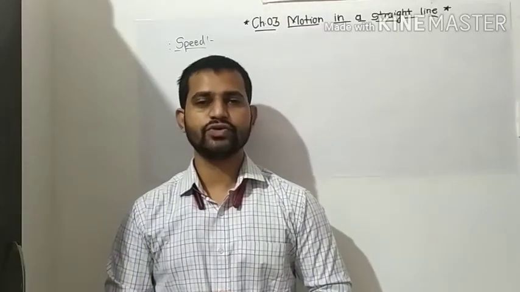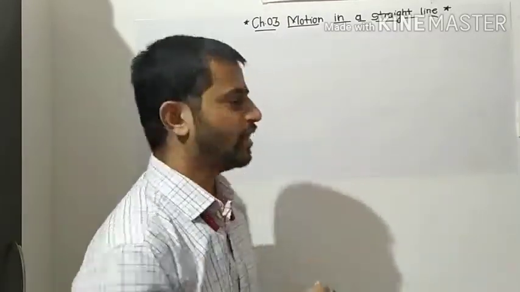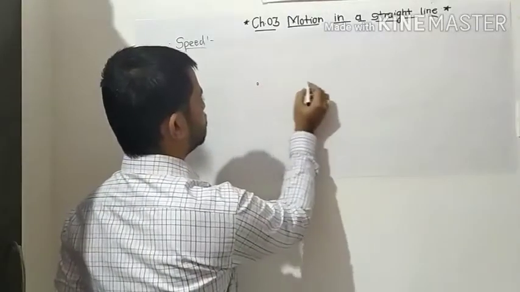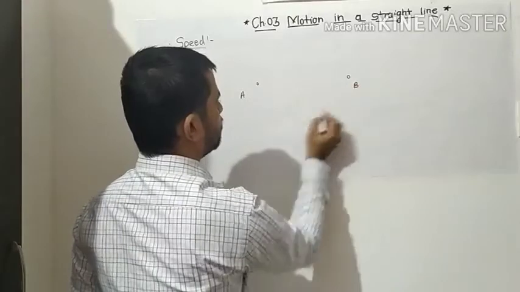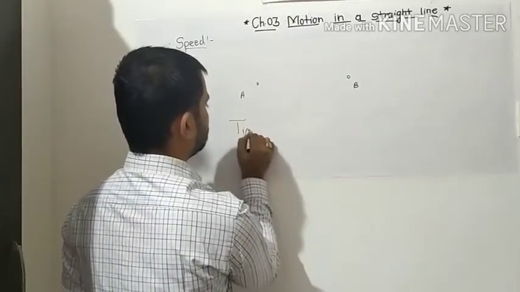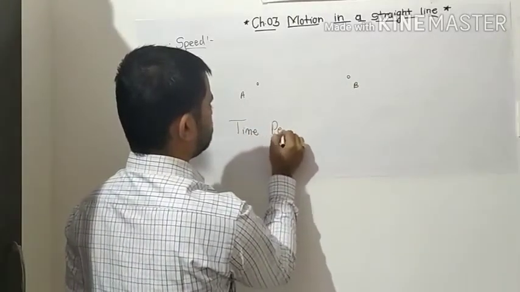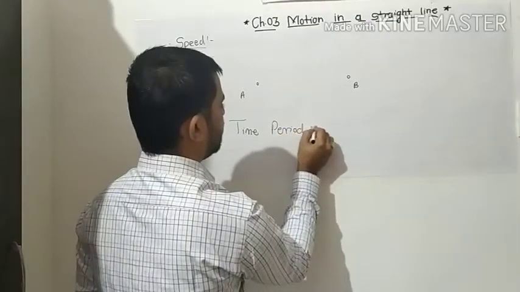Suppose we have to travel from point A to point B, and the time period for this is 5 seconds.